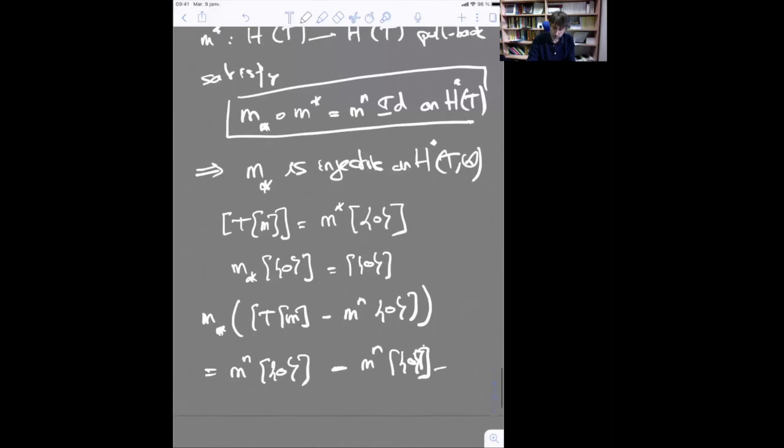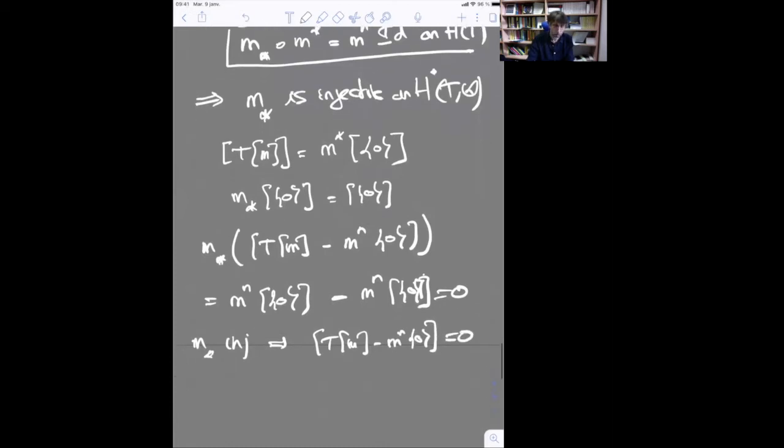And so we get 0. But since the map is injective in rational cohomology, of course, the class has to be 0 itself in rational cohomology. And this proves the lemma.